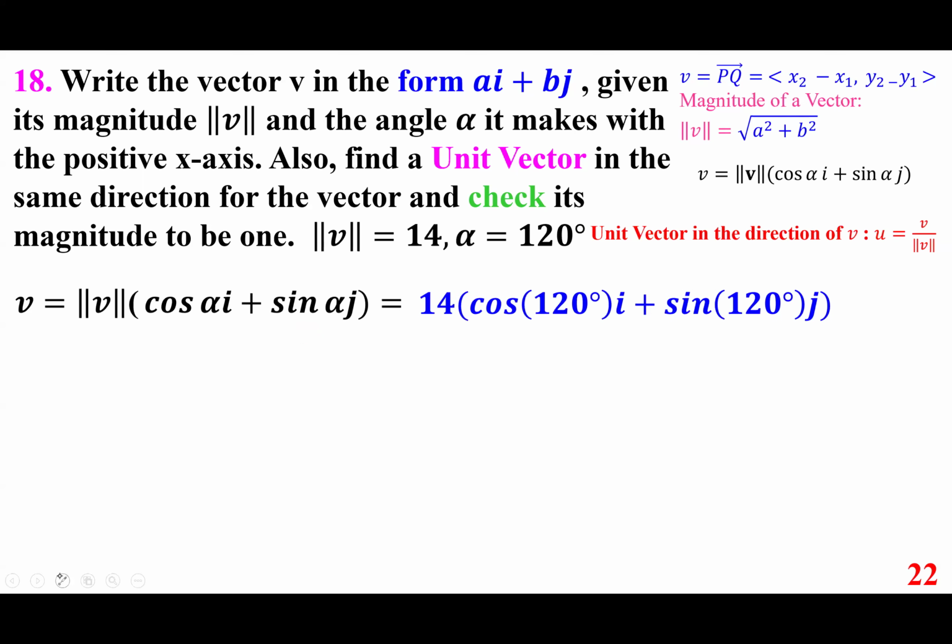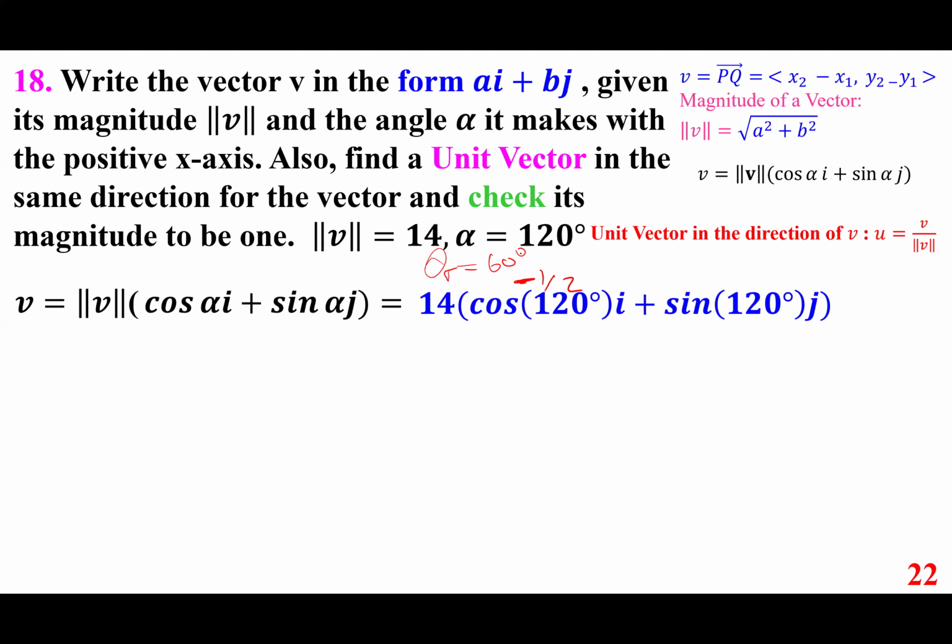and the reference angle is 60 degrees. So cosine of 60 degrees is positive 1/2. Second quadrant makes it negative.